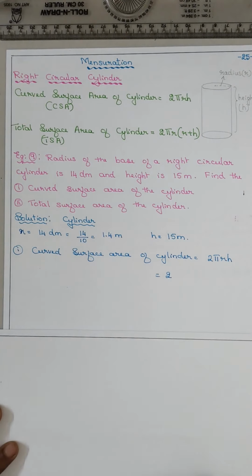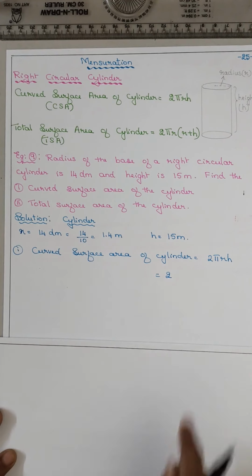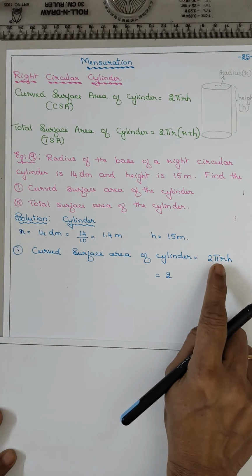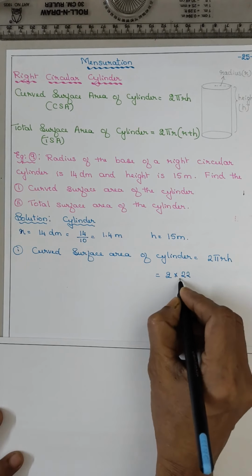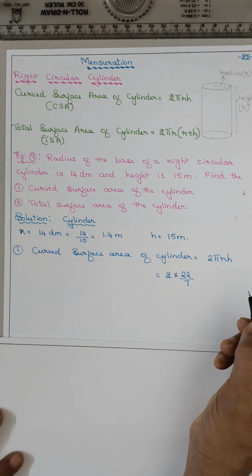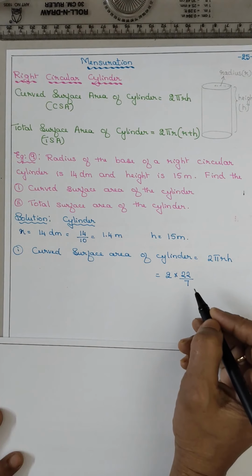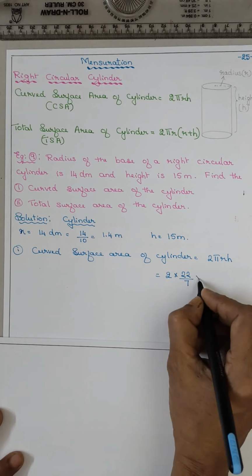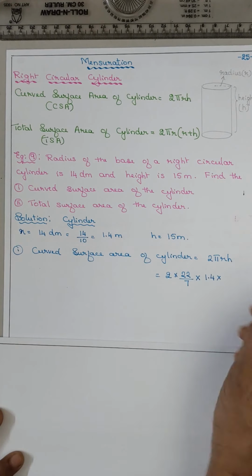In a circle, the area, circumference, everywhere, there is one constant that is called pi. What is the value of pi? It is 22 by 7. Remember, pi is a constant whose value is 22 by 7, and R is 1.4 and H is 15.